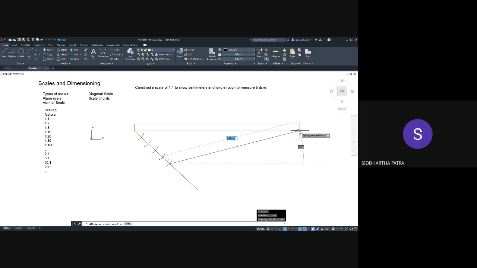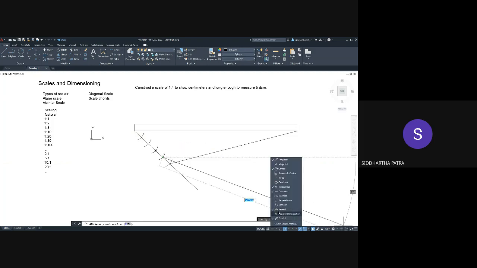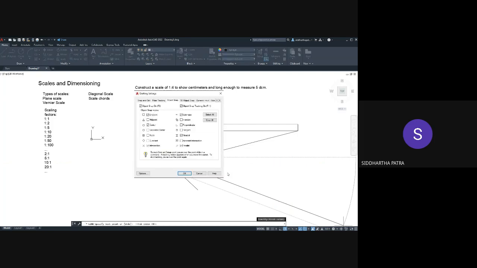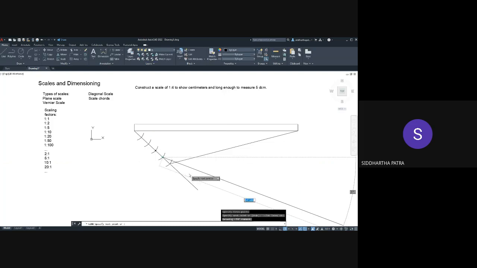Let's say by joining these two lines, and then you are supposed to draw parallel lines. So what I'm doing next is taking a line starting from here and parallel to this one. So I'm taking parallel to this line.